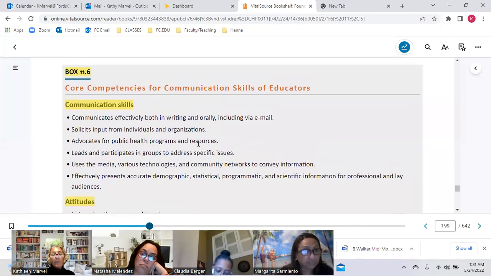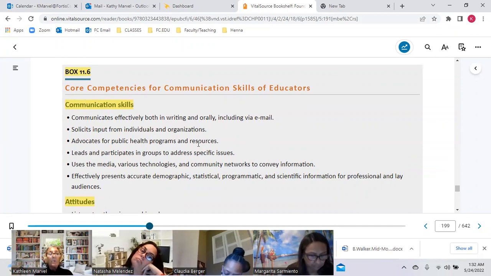I like this. This is nothing we need to memorize, but box 11.6 lists some core competencies for communication skills as educators. This can go a long way, not just in education but in general.